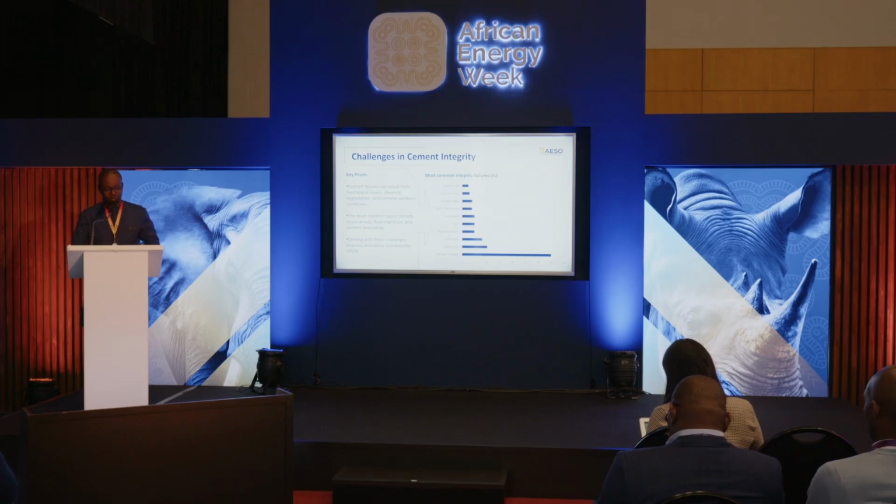How can you guarantee good cement integrity? Well, there are many challenges. One of them is mechanical, so poor cement placement is one of them. If you don't have cement in the right zones, you will have problems that will affect your production.